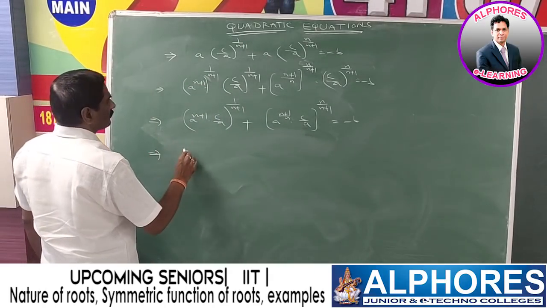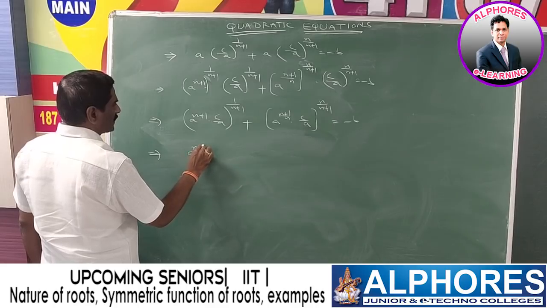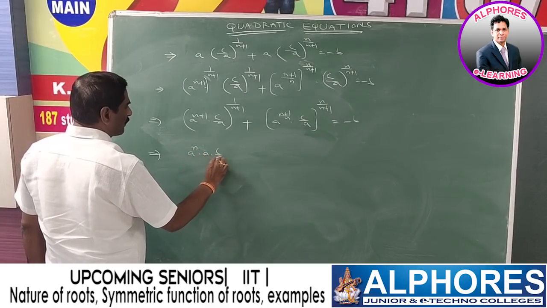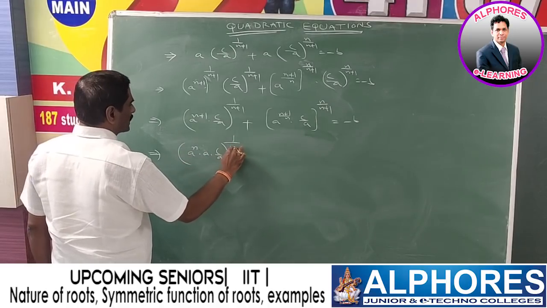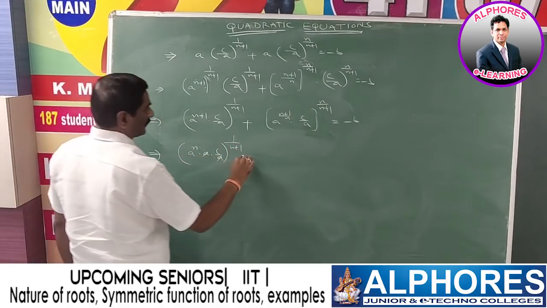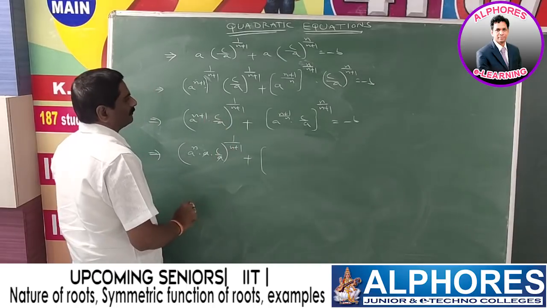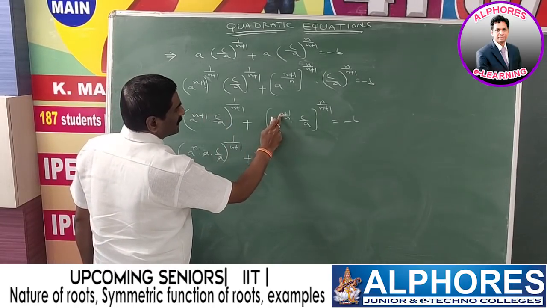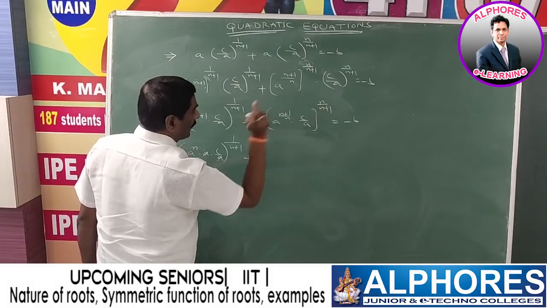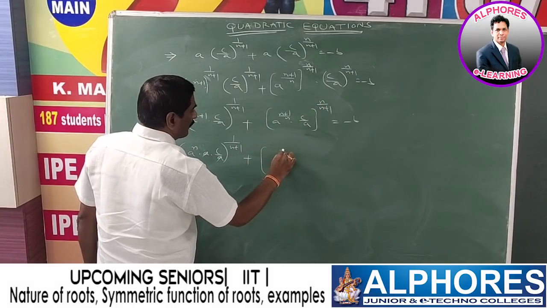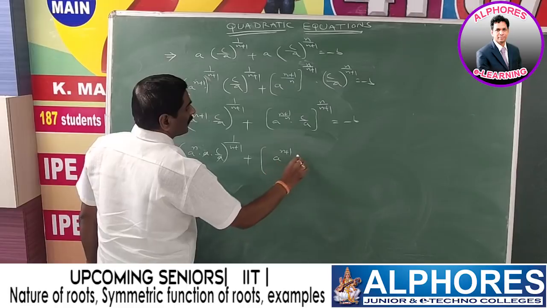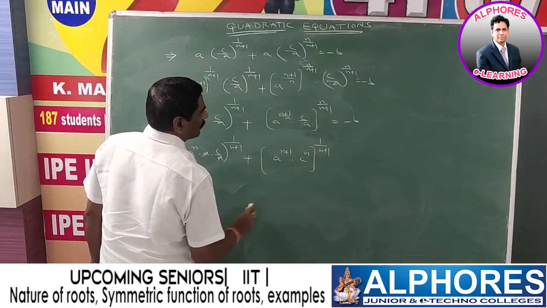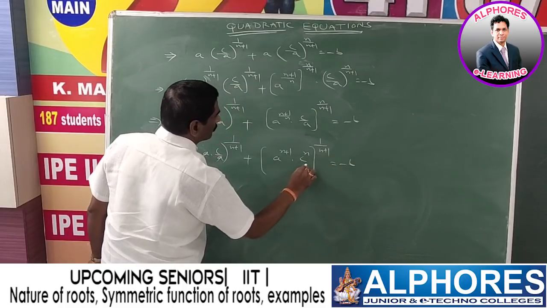That implies a power n plus 1 means a power n into a, into c by a whole power 1 by n plus 1, a cancel. Here a power n plus 1 into c by a whole power n by n plus 1 means a power n plus 1 into c power n whole power 1 by n plus 1 is equal to minus b.